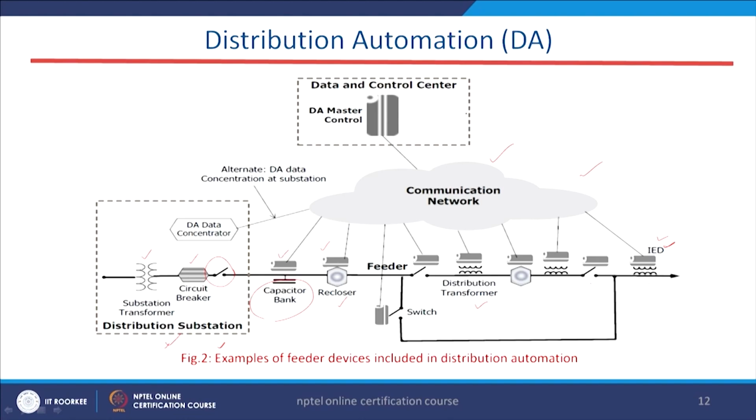This is the master control center of the distribution automation system, DA master control. And we also have another section here, the DA data concentrator, that is an alternate distribution automation data concentrator at the substation level. That also will speak to the master center through this communication network.